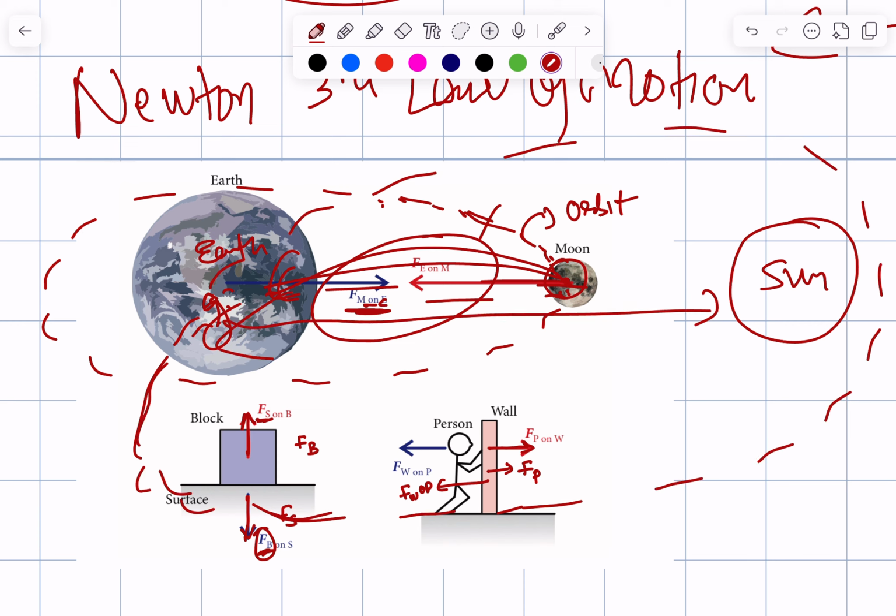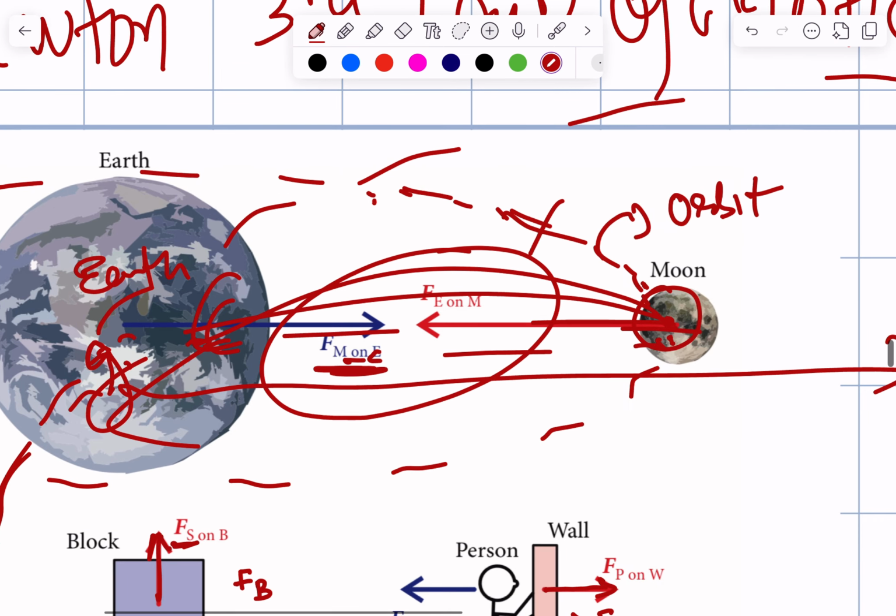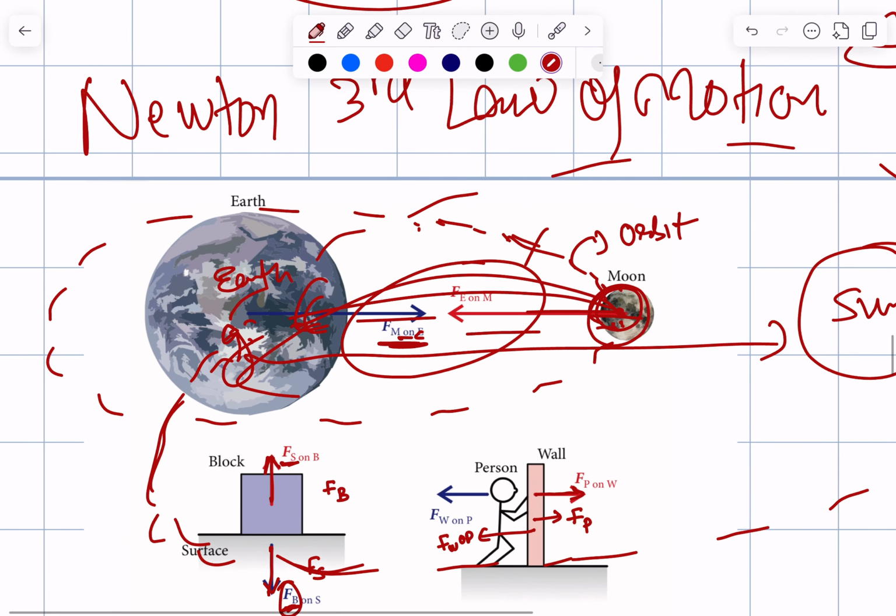The reason the Moon is revolving around the Earth is the gravitational force towards the Earth. And why is it not coming inside the Earth? The second answer is the orbit, because the orbit gives it a clear path.